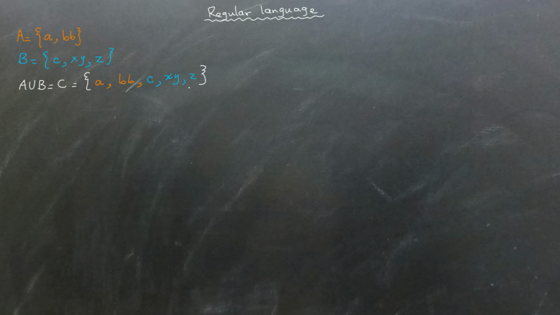The concatenation of A and B, denoted as D, is also a regular language. Note that concatenating A and B is not the same as concatenating B and A. Concatenating A and B means that the string A from language A is concatenated with all strings of language B, resulting in AC, AXY, AZ.